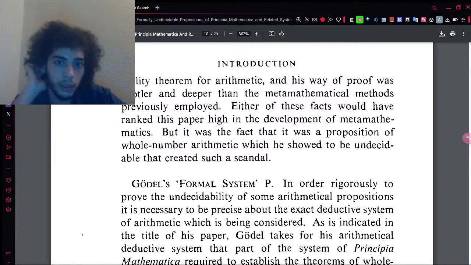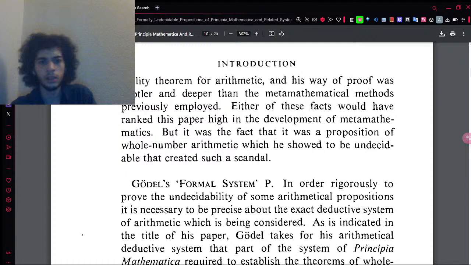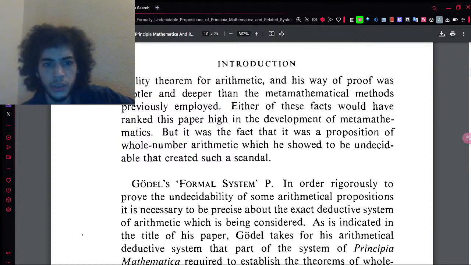Either of these facts would have ranked this paper high in the development of metamathematics. But it was the fact that it was a proposition of whole number arithmetic, which he showed to be undecidable, that created such a scandal.